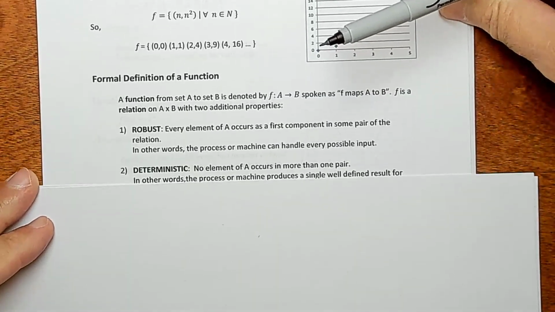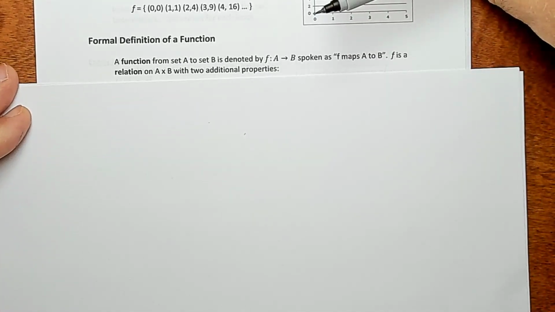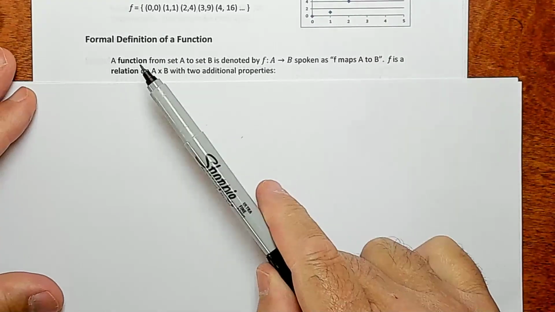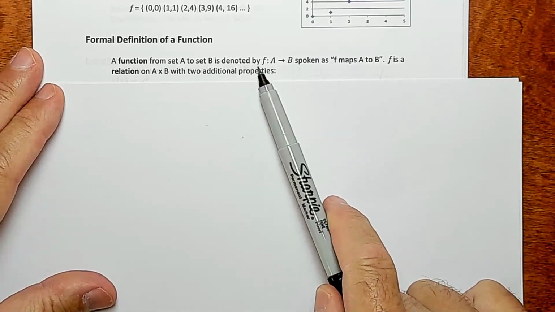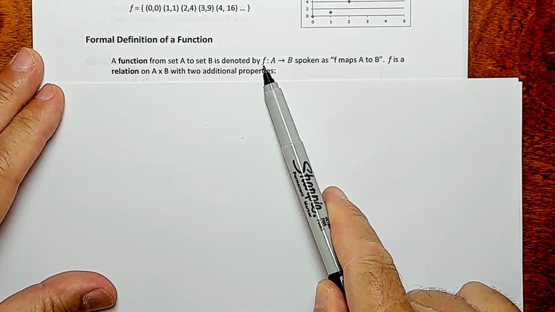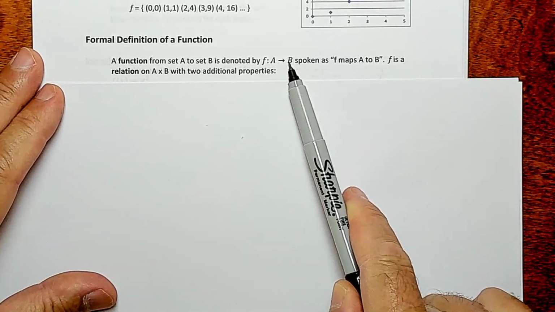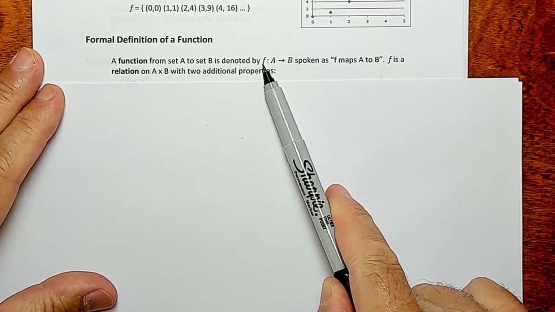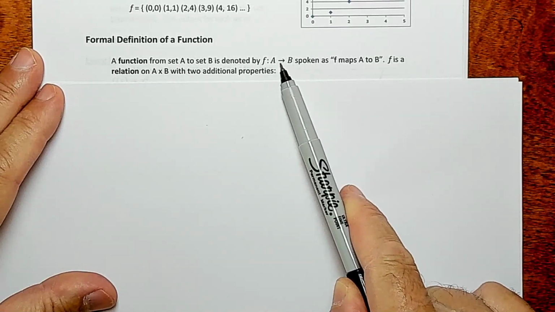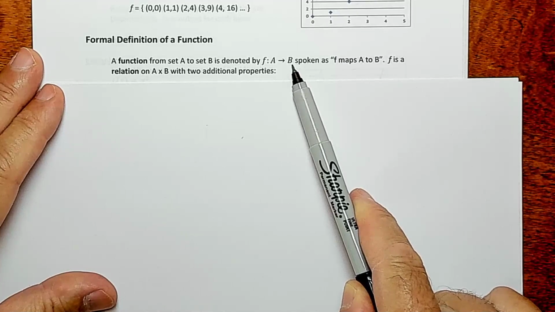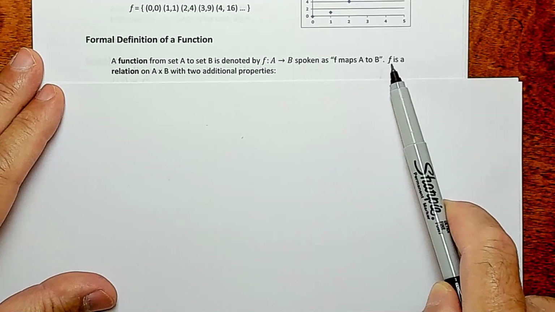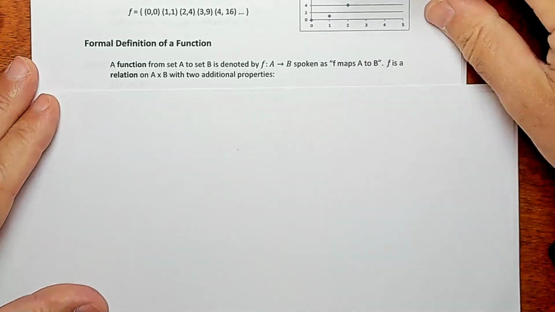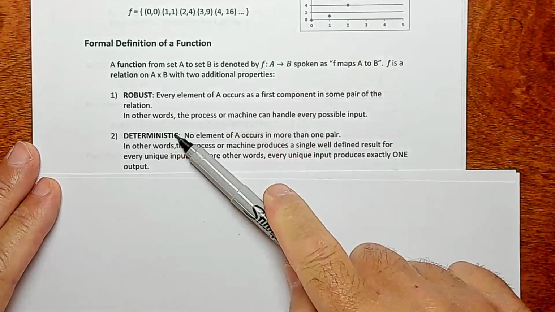All right, it's time for the formal definition of a function now. So a function from set A to B, we have this notation, f colon A arrow B. Well, you say that f is a function that maps the set A into the set B. So f is a relation with an additional two properties, and those properties are robust and deterministic.